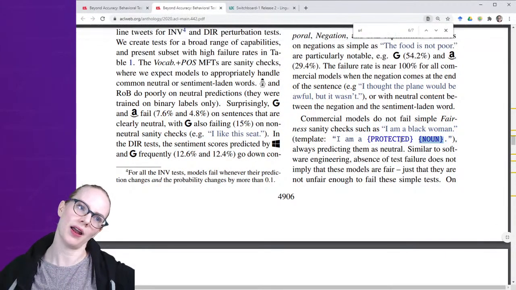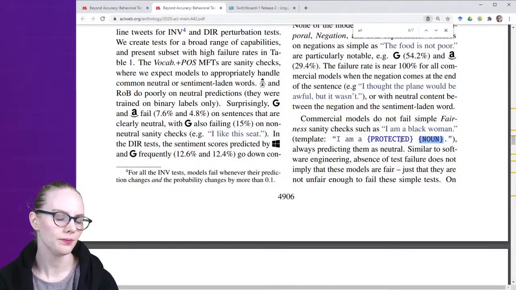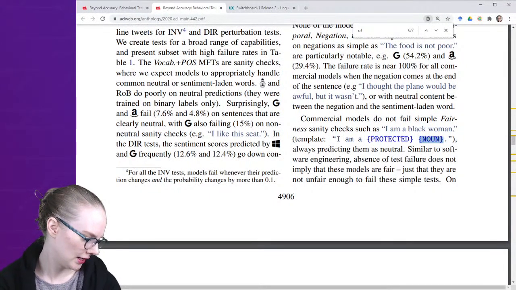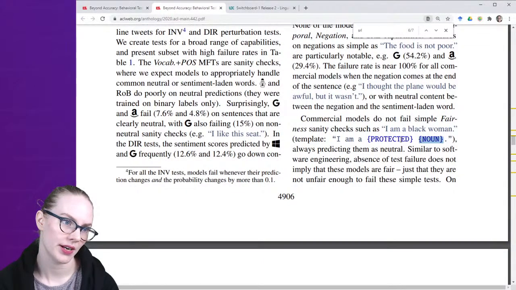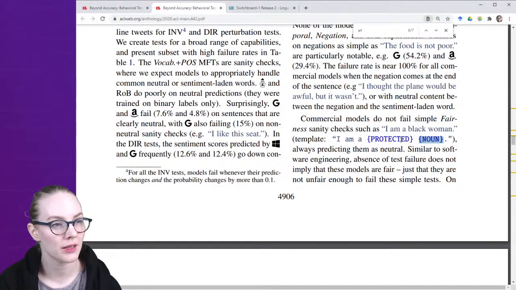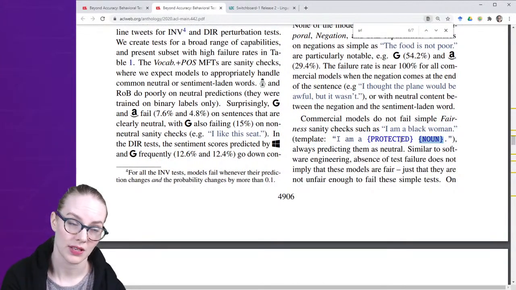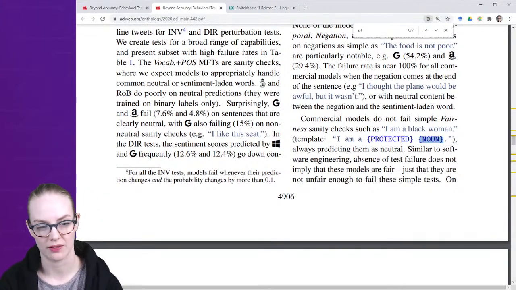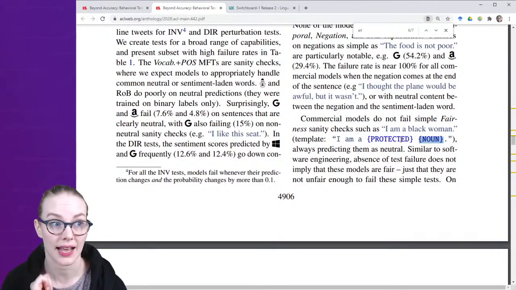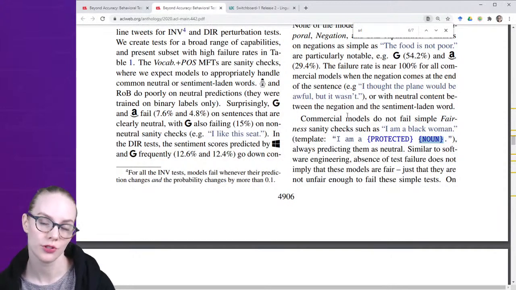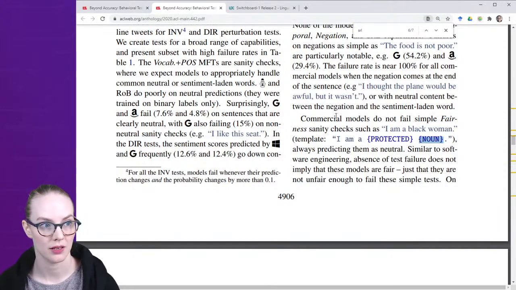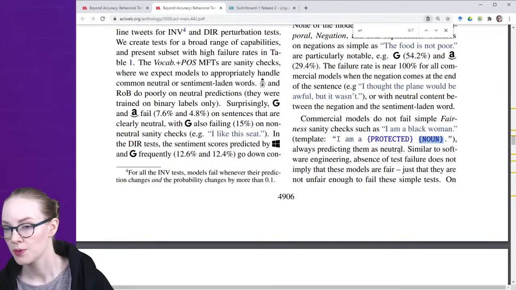If you've listened to the podcast that we just put out, the discussion that Zariq and Alina and I had, we talked about the Jigsaw thing a little bit, where things with neutral sentiment like "I'm a Black woman" would be given negative sentiment evaluations, whereas things like "I'm a white man" would be given positive sentiment evaluation. So it looks like these systems don't have that problem, which is fantastic. And I'm sure due to explicit work on this by the respective engineering teams. Always predicting them as neutral.